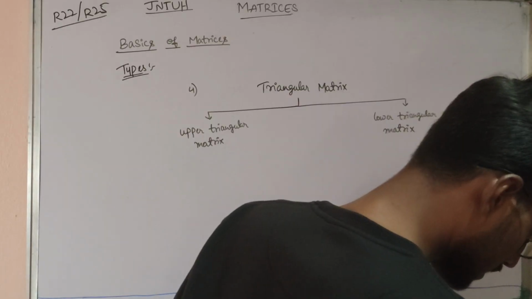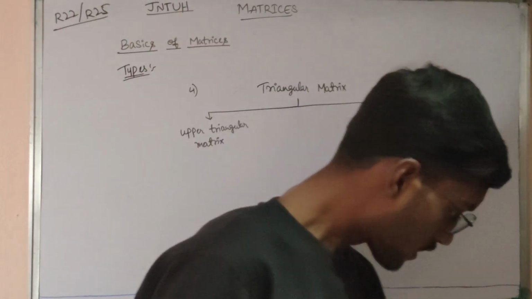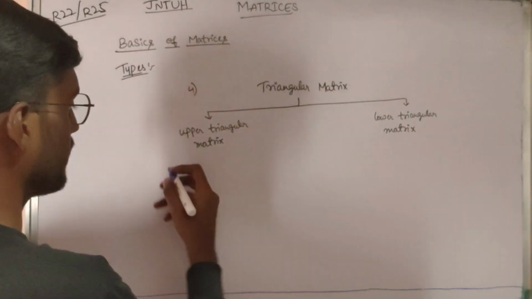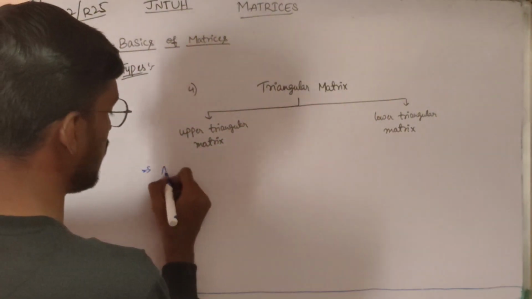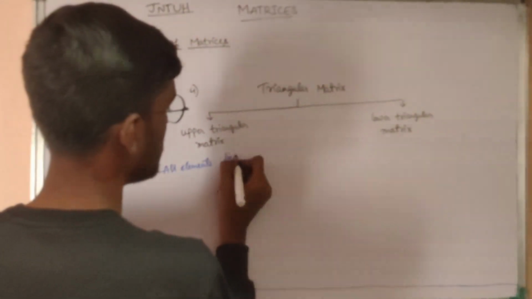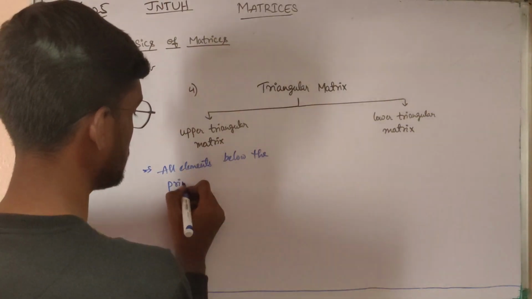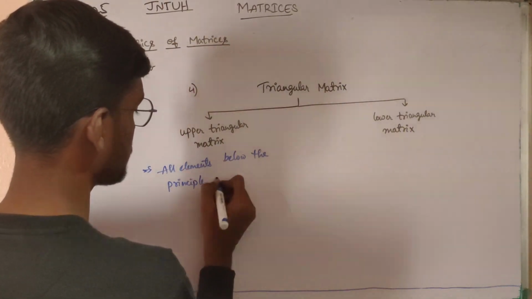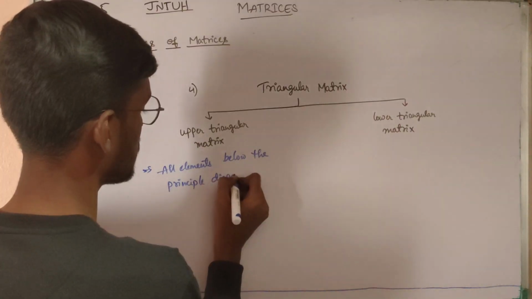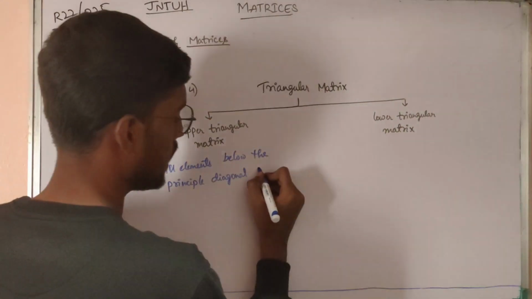In an upper triangular matrix, we know what the principal diagonal is, right? All elements below the principal diagonal are 0.